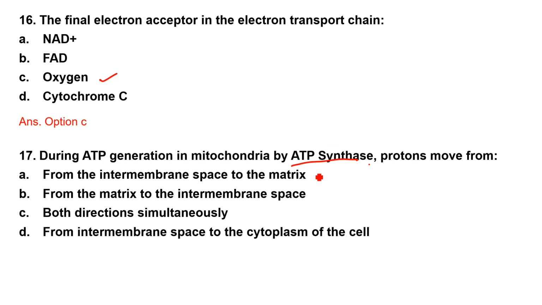Yes, the answer is option A, from the intermembrane space to the matrix. Because the protons were pumped into the intermembrane space and the electrochemical gradient was generated, and when this gradient is broken, the free energy released is used for ATP synthesis. So ATP synthase moves protons from the intermembrane space to the matrix.